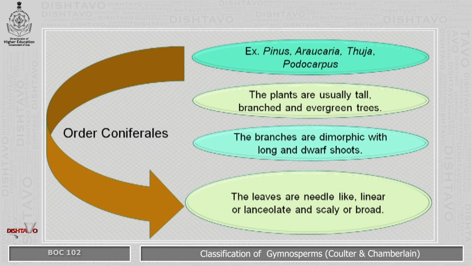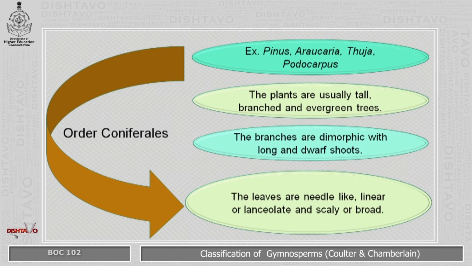Coming to the order Coniferales, the examples of Coniferales are Pinus, Araucaria, Thuja, and Podocarpus. The plants which belong to this order are usually tall, profusely branched, and evergreen, that is, the foliage remains green throughout the year.